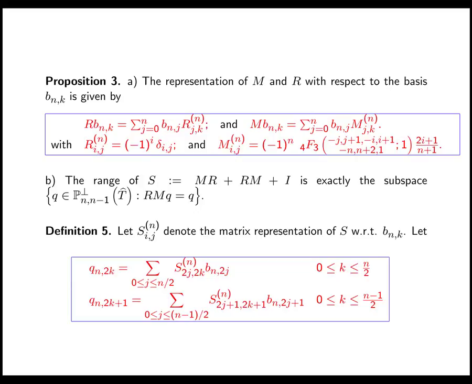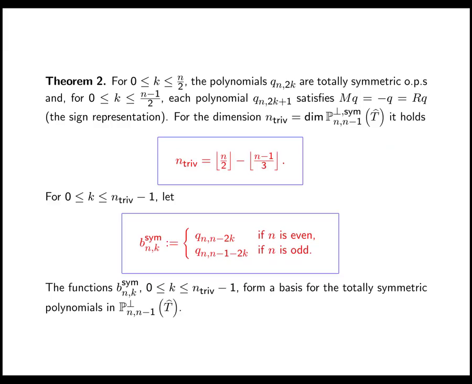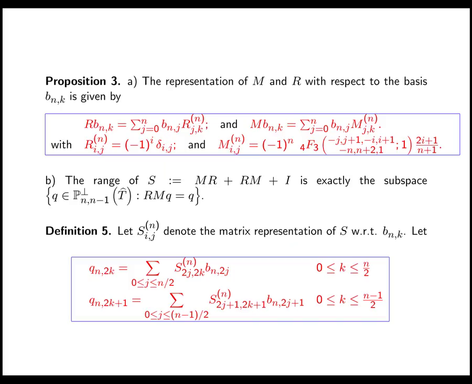Then you have defined polynomials here of degree k, and these are the basis of the symmetric orthogonal polynomials. So you have an explicit representation of these polynomials with some kind of coefficients. These are the standard basis functions, and this is a change of basis.